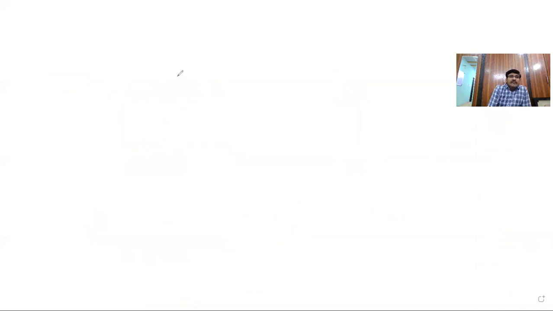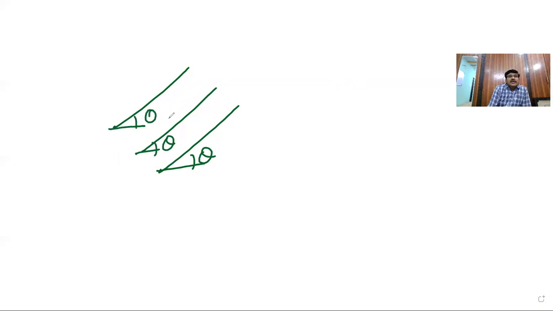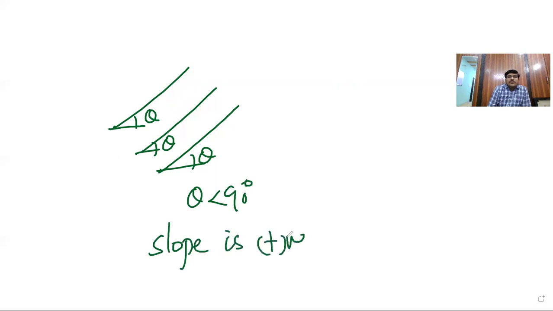Whenever you get a graph like these lines, theta is always less than 90, then slope is always positive, then velocity is positive. Clear?